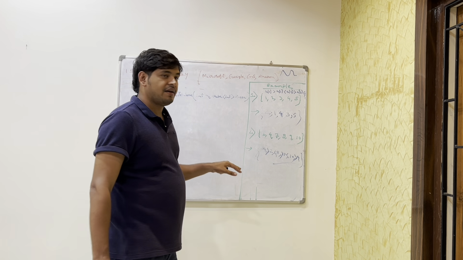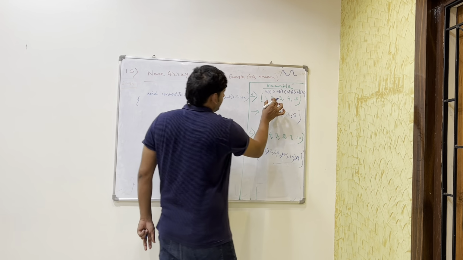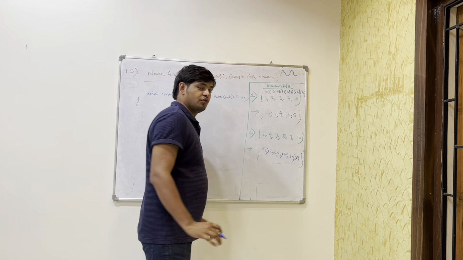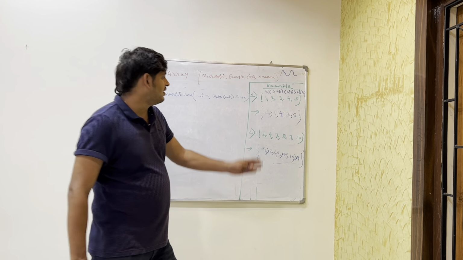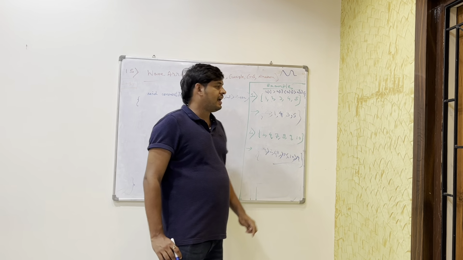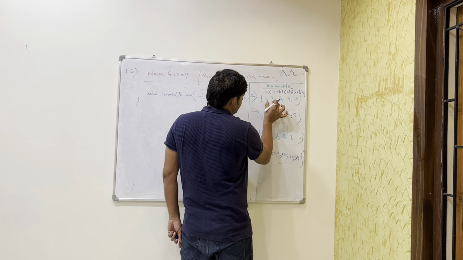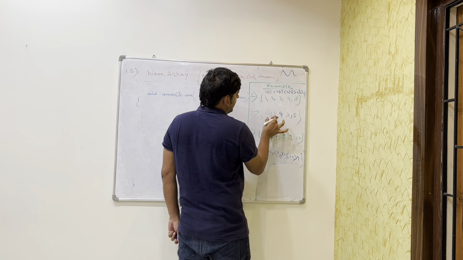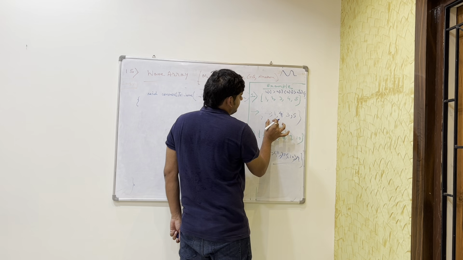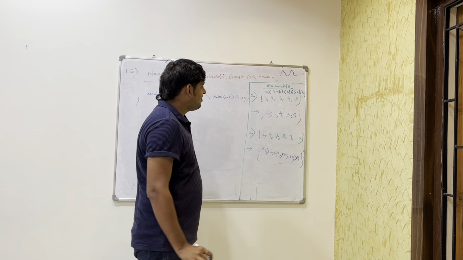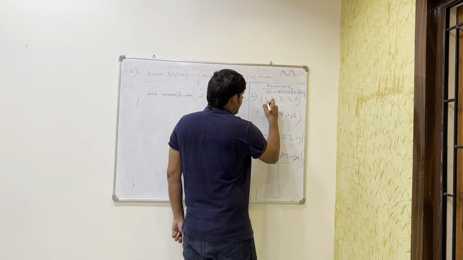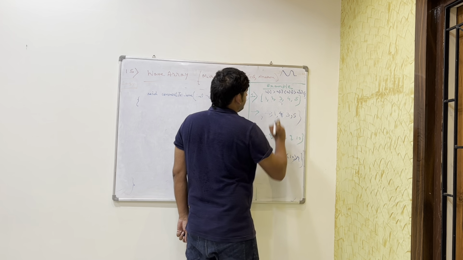So if we sort it, we'll get it in this way. Then what have I done here? I am checking 1 and 2, and if 1 is less than 2, then I swap 1 and 2, and we get 2 and 1. Then I directly jump to this part.